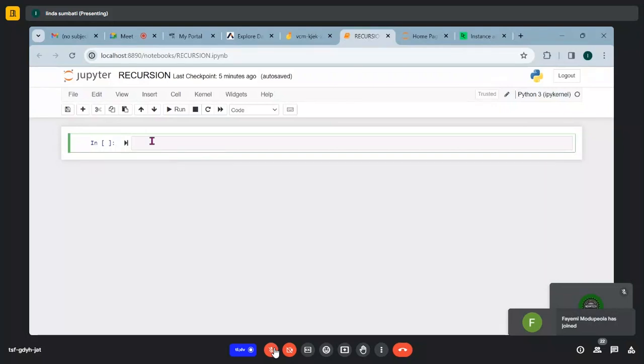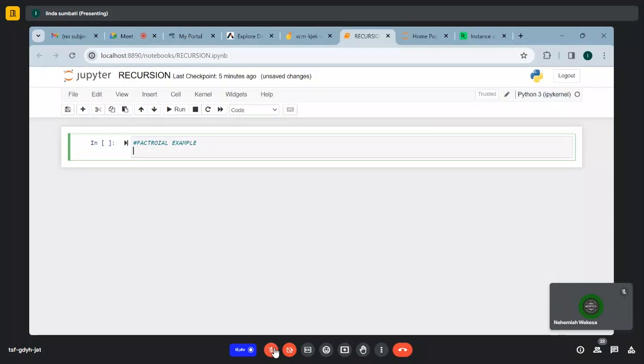I think we can use the factorial example just to illustrate it. Before I go on and implement the code, we know that if you have an n factorial, what does it mean?